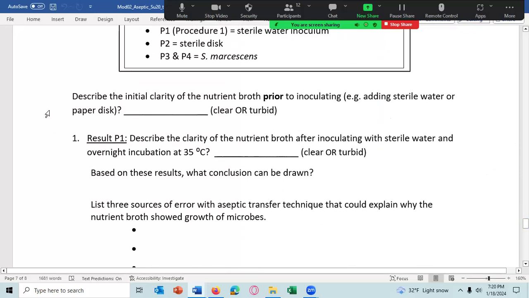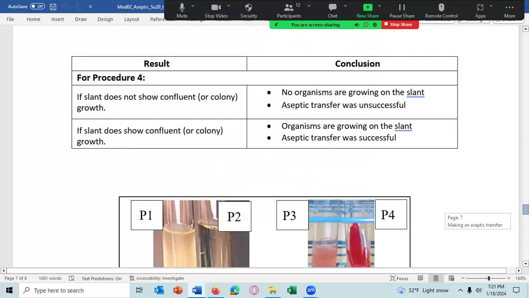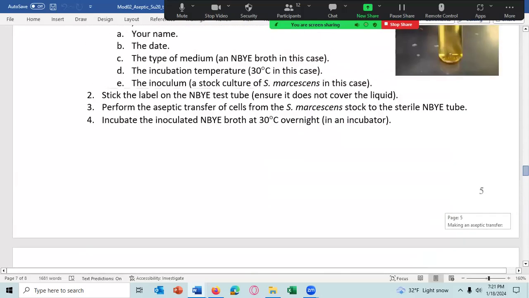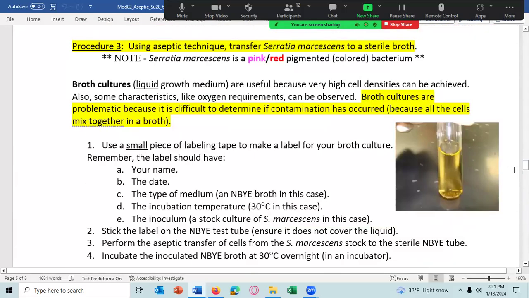Then you'll answer question 0. Describe the initial clarity of the nutrient broth prior to inoculating the tube, both for the sterile water and for the paper disc. Discuss whether it's clear or turbid. So the answer is one of those two. And there's the tube of broth.